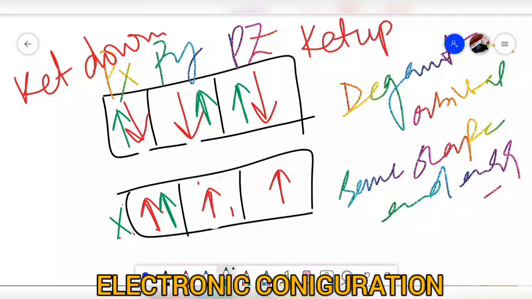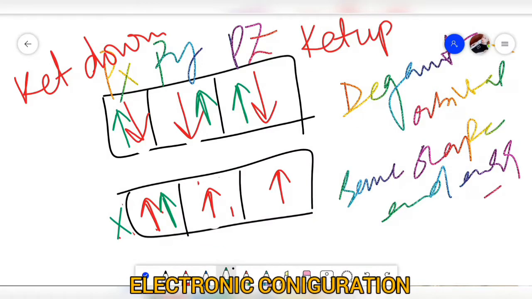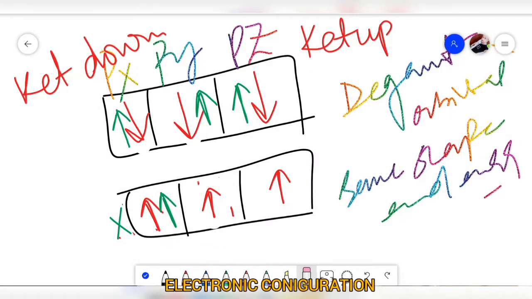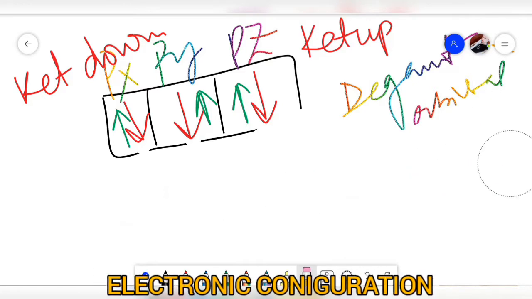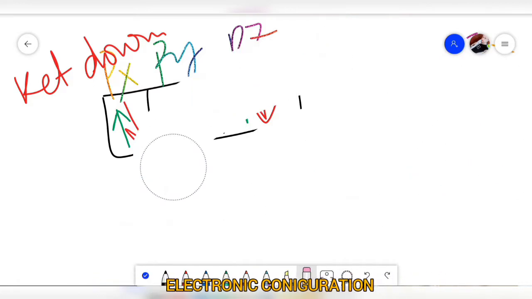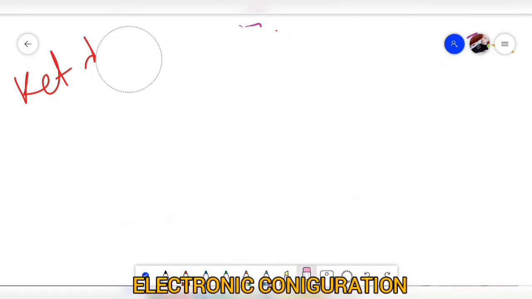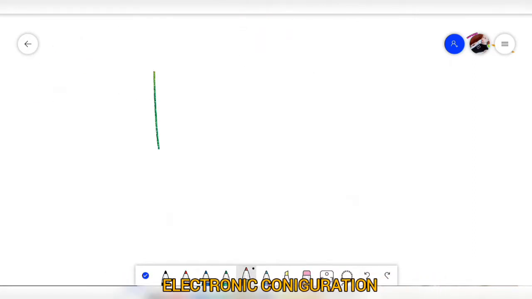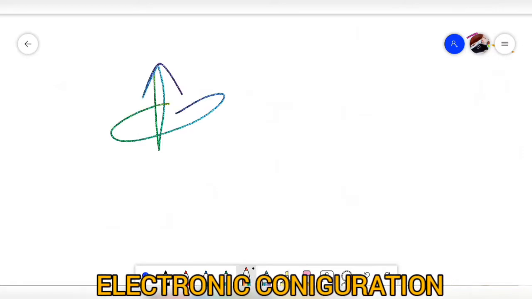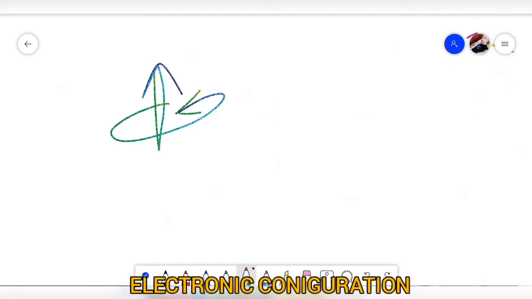What is this showing actually? The up and the down is showing spin of the electrons. So if I am showing one electron to be up, this shows the clockwise spin.